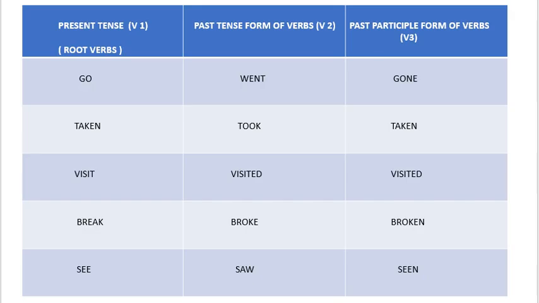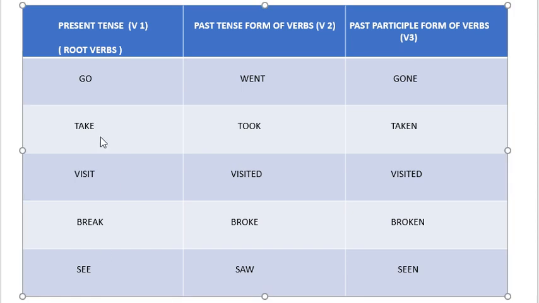Let's try to understand with the table of V1, V2 and V3 forms. These are called the root verbs because there is no change when we use these words in simple present tense. Go will change into went if we are talking about past tense, and when we use it in past participle, the word go changes into gone. Take, the root word is take, past tense is took, and past participle is taken.